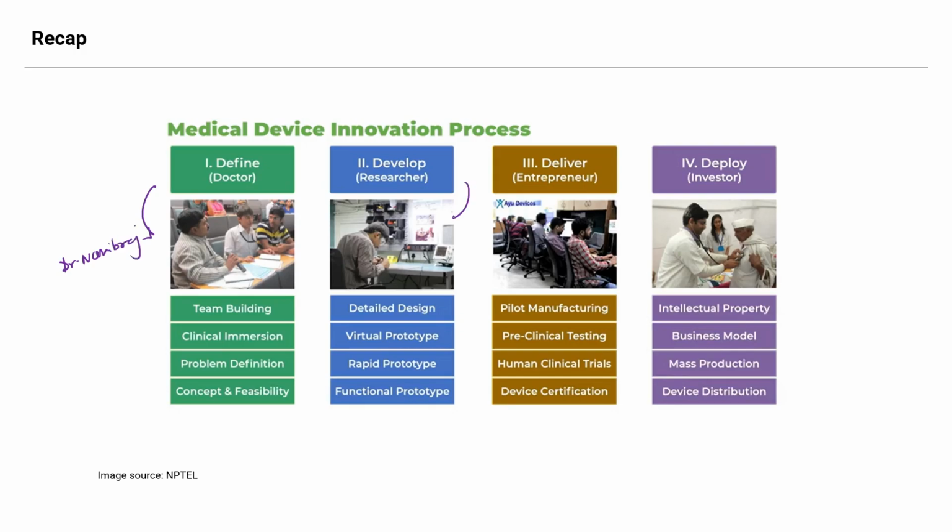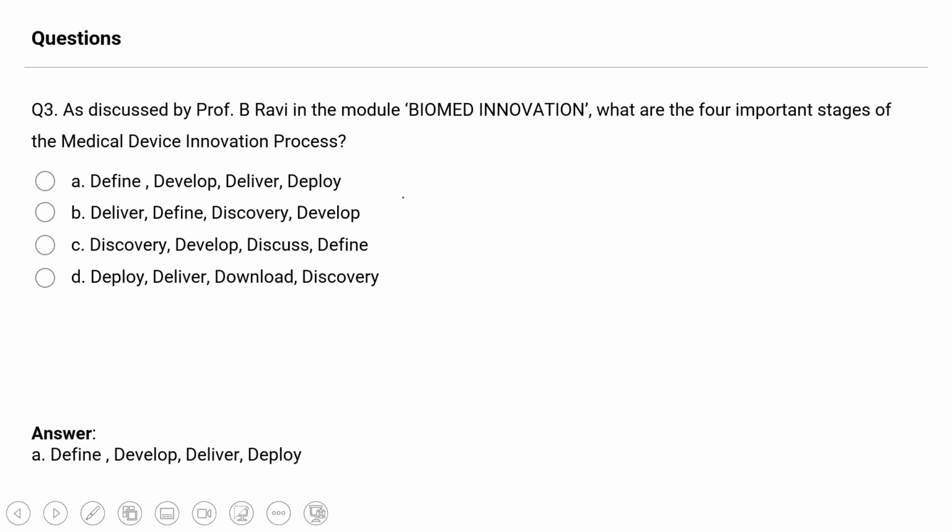Develop is where you work on the prototype. Deliver is where you're delivering your product, and deploy is where you are actually using it in your field, the actual use case. So the correct answer is define, develop, deliver, and deploy. That's correct. Well done.